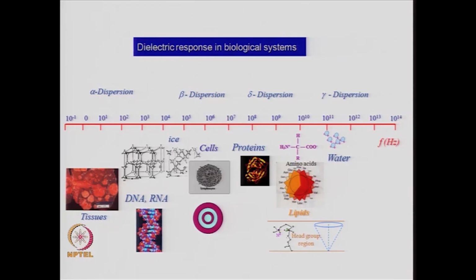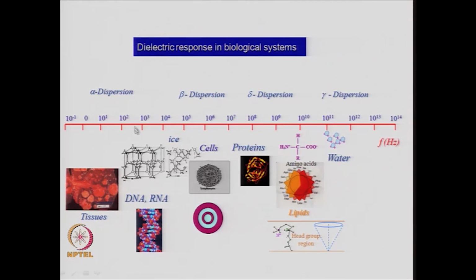Only thing is, if the system has a material which responds to the applied field very quickly, then you can apply high frequency. So, you can see the dispersion or the variation of the dielectric constant at high frequency if the system responds to that high frequency.